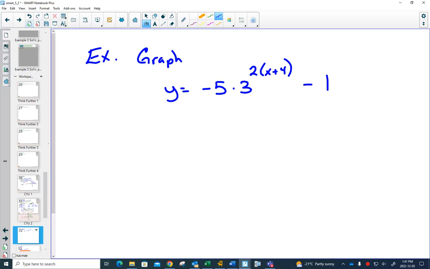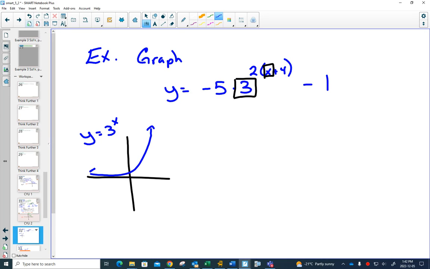So, first of all, we would have to recognize this as a 3 to the x graph with transformations. So off to the side, I draw a quick sketch of 3 to the x.